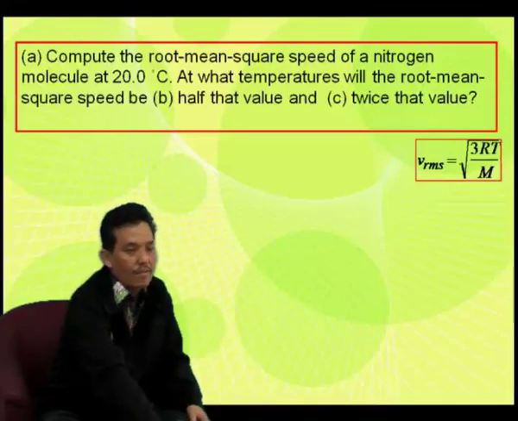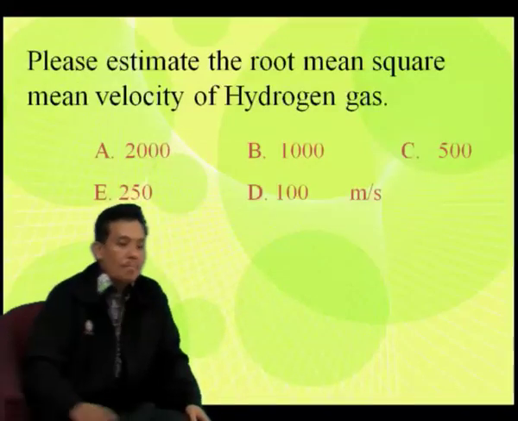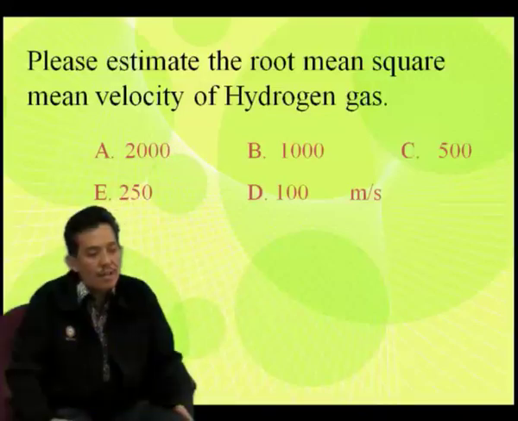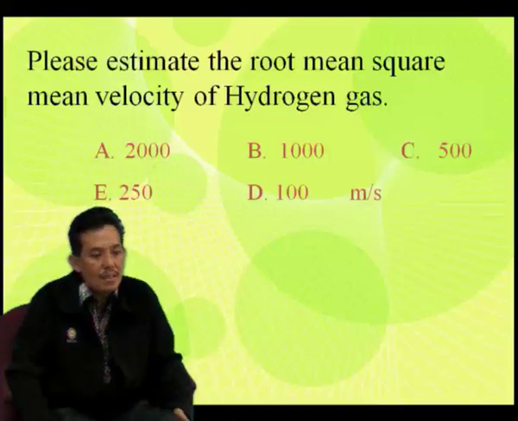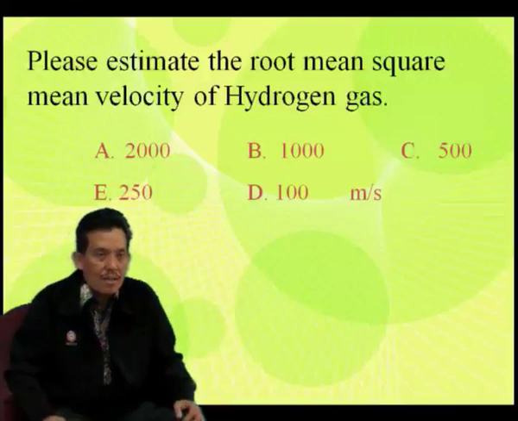So use this, of course. The next question is, please estimate the root mean square speed of hydrogen gas. You can write down the question and answer it later on.